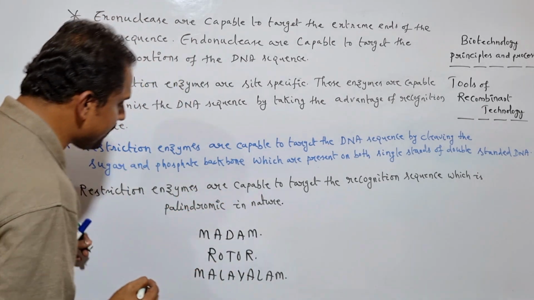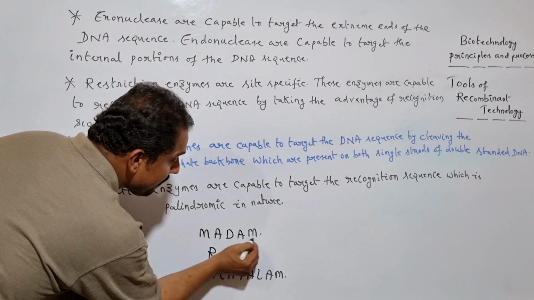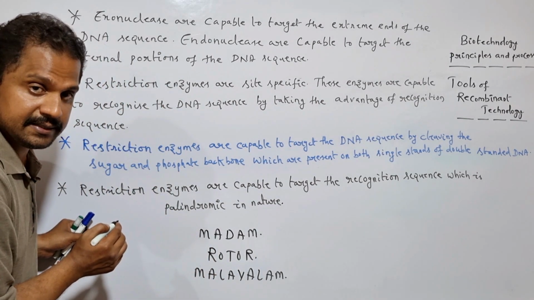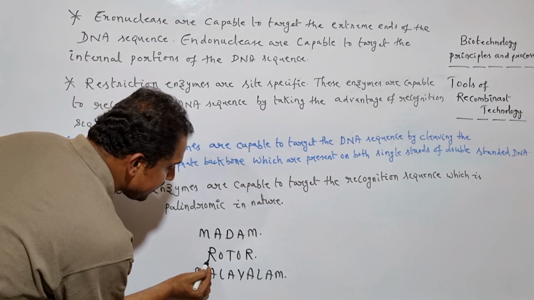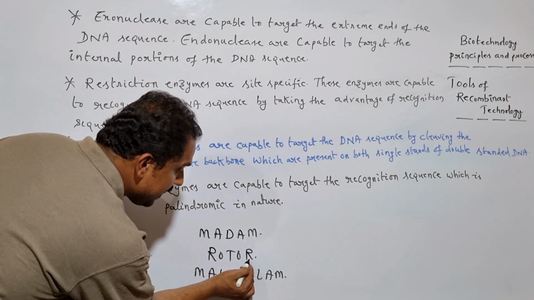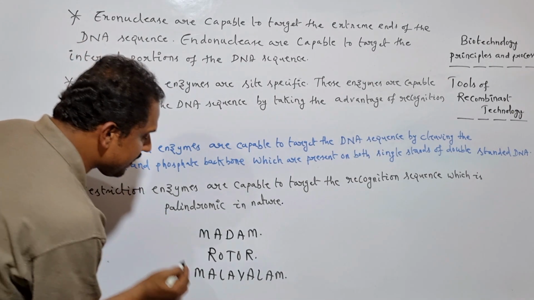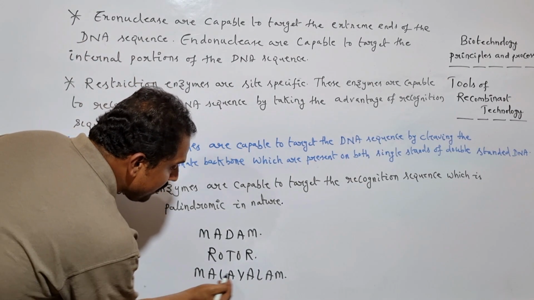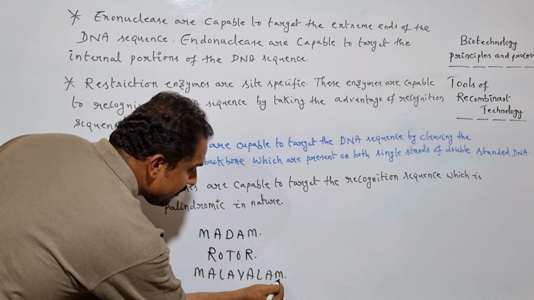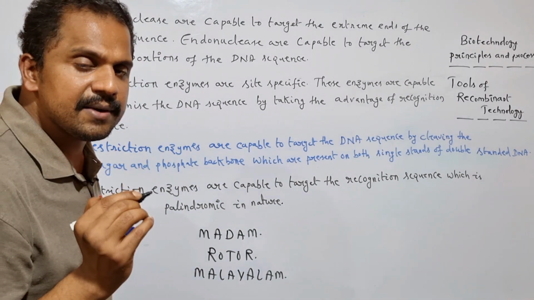If we consider madam, from front to back it is madam, and even from back to front it is madam. Is it clear? In the same way, rotor from front to back is rotor, and from back to front it is also rotor. And Malayalam, from front to back it is Malayalam, and from back to front it is also Malayalam. So such specific words are termed as what?